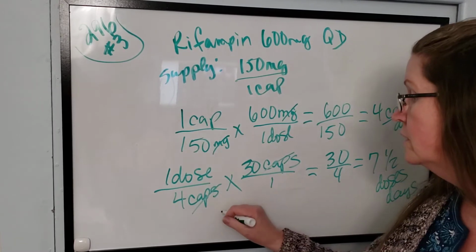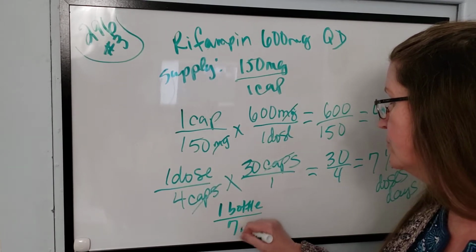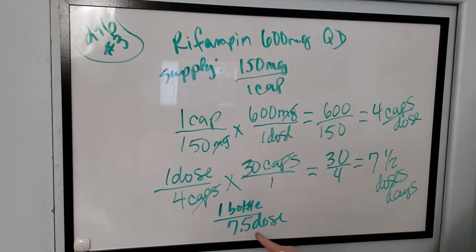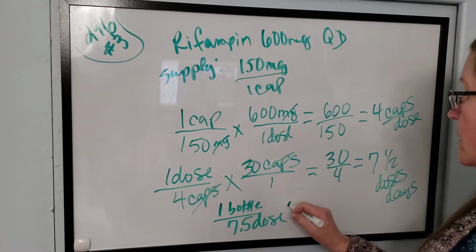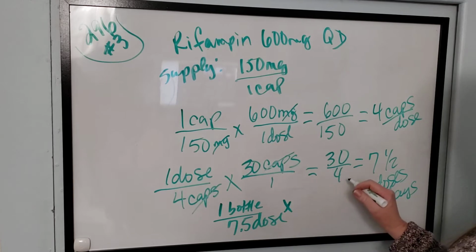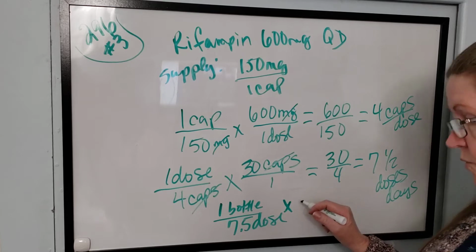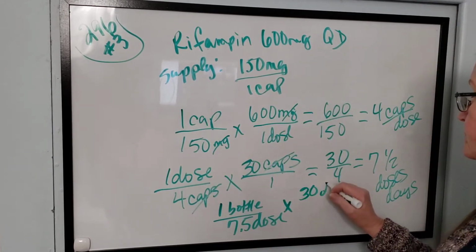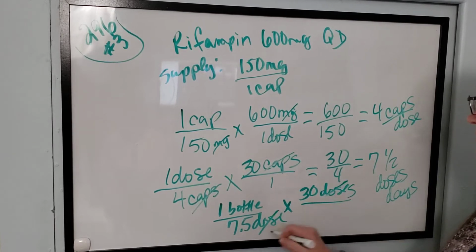So 1 bottle contains 7.5 doses. Now in this case, we're going to go ahead and put the 0.5 because another bottle will have another half a dose, and that'll give us another full dose. 7.5 doses, and we need, for a 30-day supply, we need 30 doses, right? 30 doses in 30 days, so that cancels.